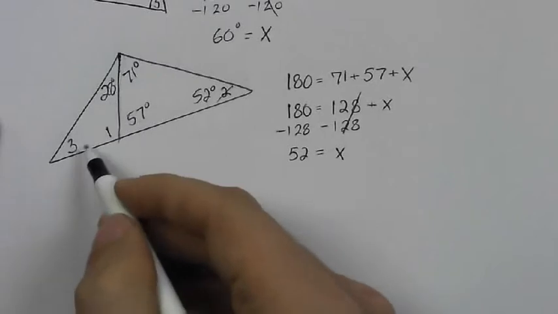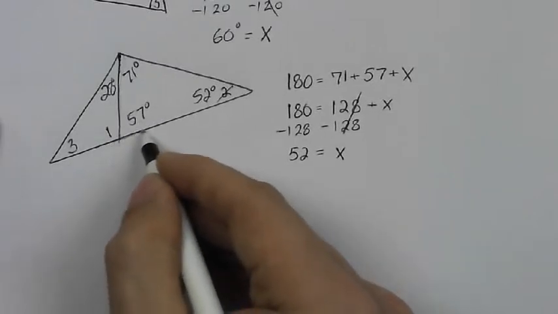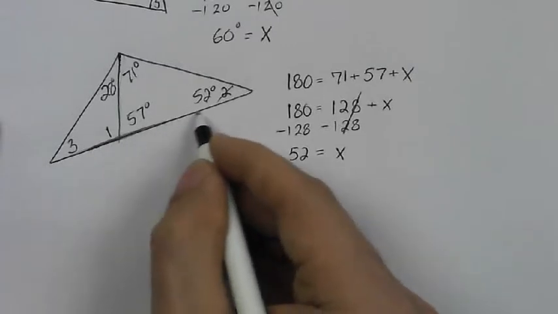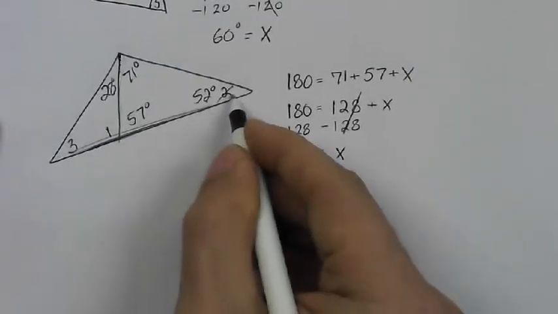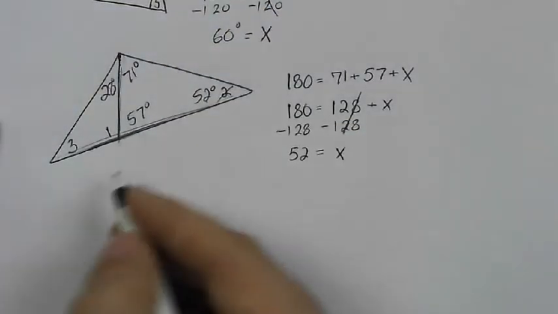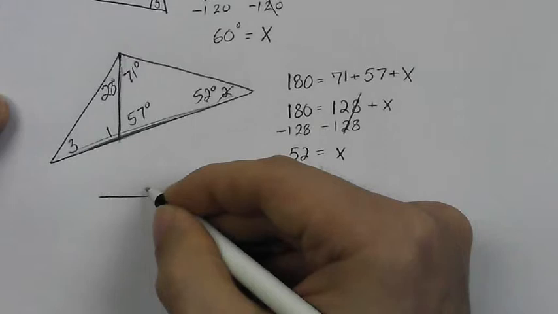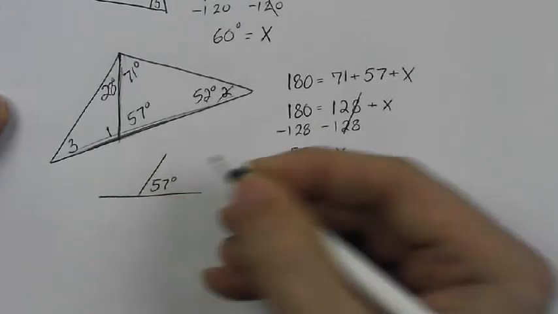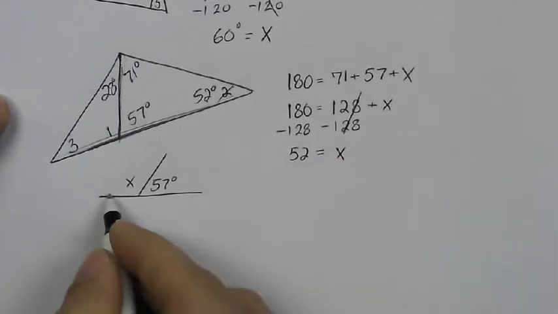Now, for this one right here, this uses some knowledge that we have about straight lines. A straight line is always 180 degrees, and you can see that straight line's bisected right here. So essentially what I have, if you ignore all the triangle parts, is a 180 degree line, it's bisected. I know this is 57 degrees, this one I don't know.